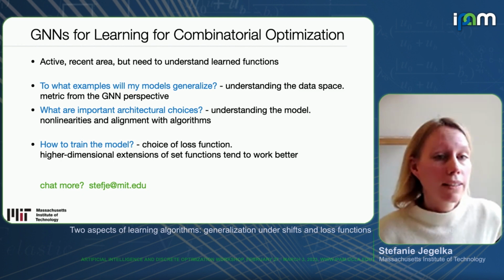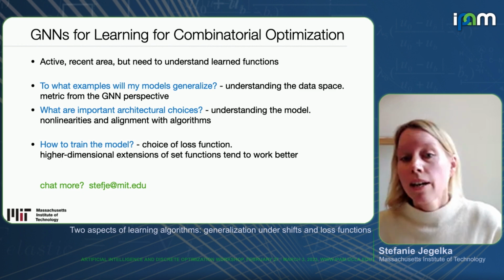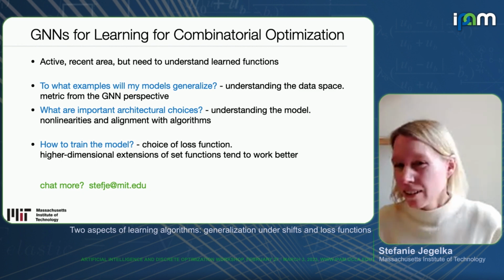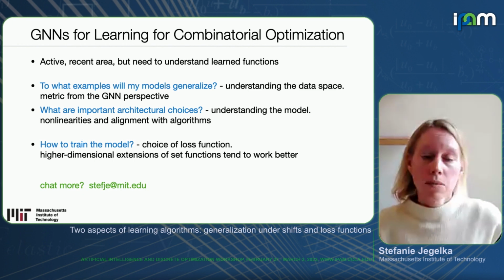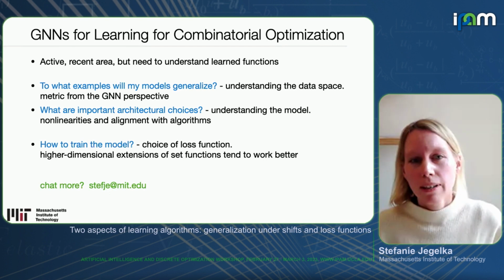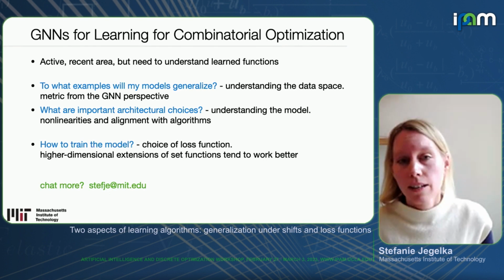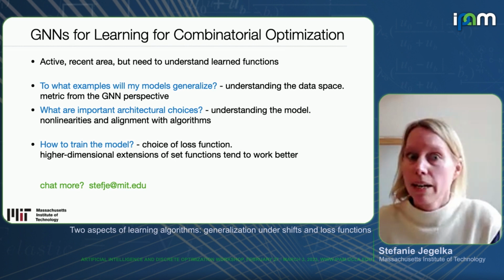Both by looking at the data geometry, by looking at the model architecture and how it actually corresponds to the algorithm you're learning, and finally, looking at the loss function as well. I think all of these are ideas. And all of this was in a setting where it's tractable and nice to analyze.